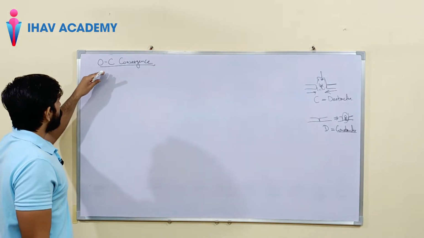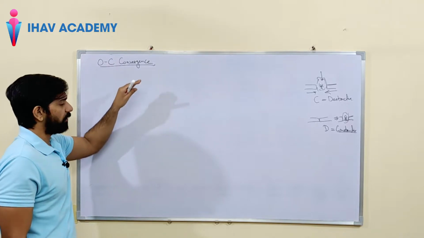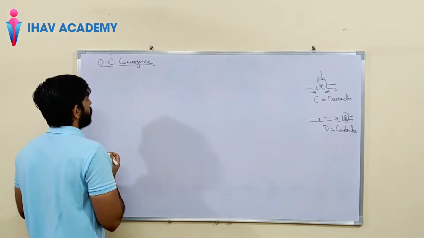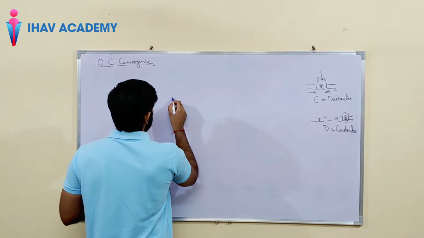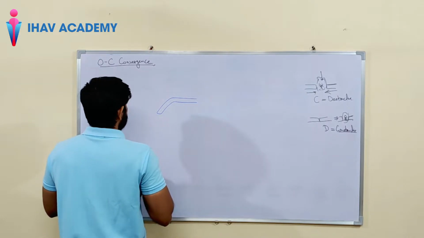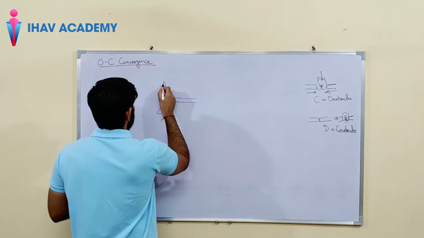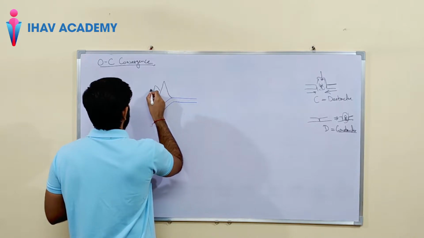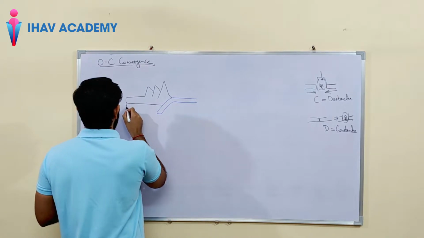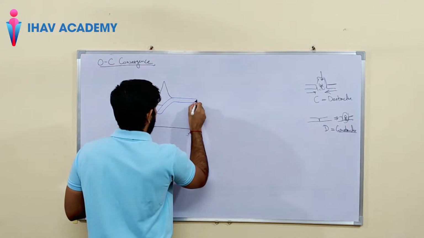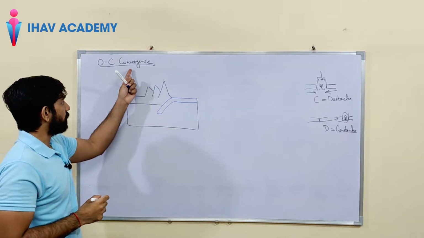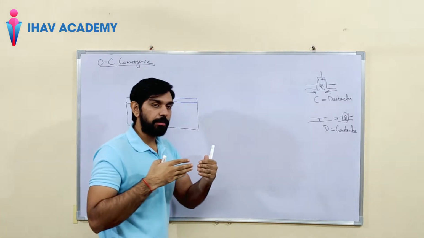So now we have ocean continent convergence. So how will it look like? Recalling the convectional current theories, this is the convergent plate boundaries. It means the two plates are coming towards each other.